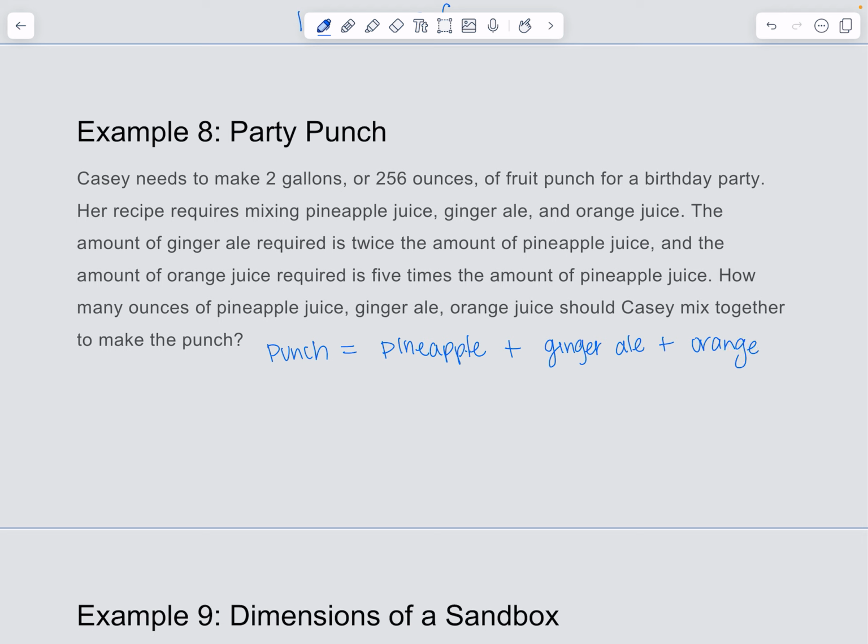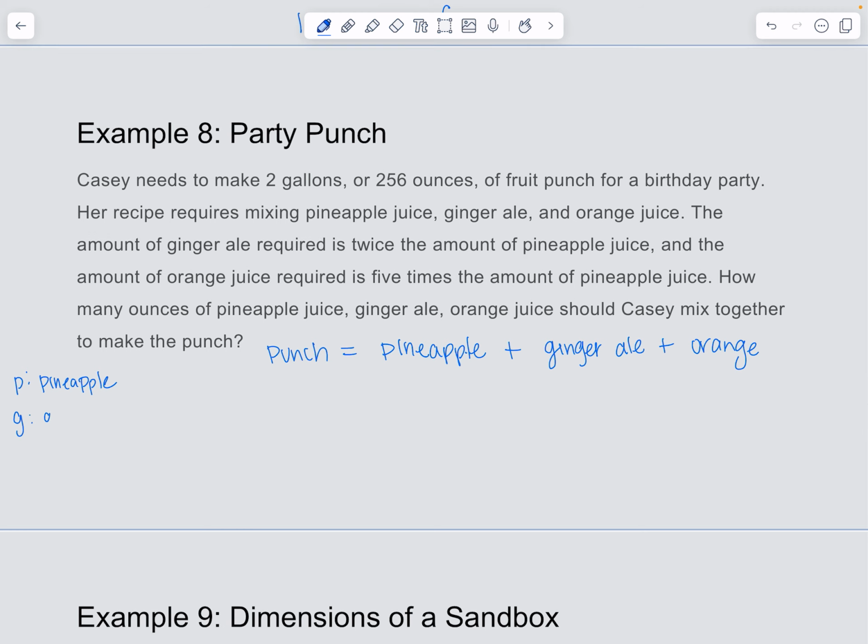I'm going to represent the pineapple with a P and the ginger ale with a G and the orange with O. So, she wants a total of 256 ounces. That's all of the punch. So we'll put that here. 256. All 256 ounces are the combination of all 3 juices.